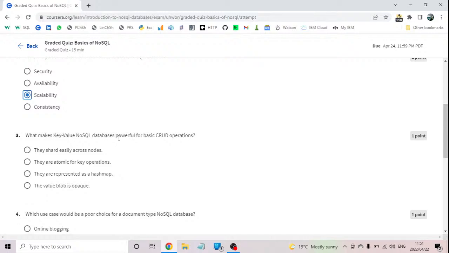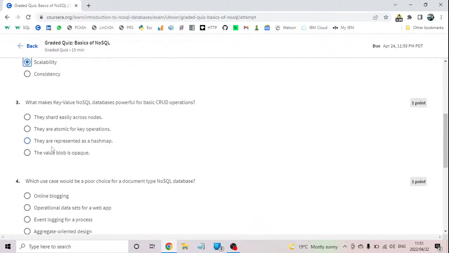What makes key value NoSQL databases powerful for basic CRUD operations? They're not atomic. They are represented by a hash map. They shard easily across nodes. Well, CRUD operations are create, replace, I think, update and delete.